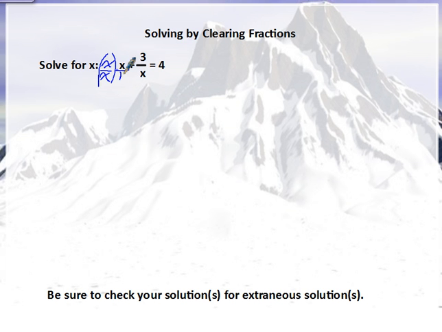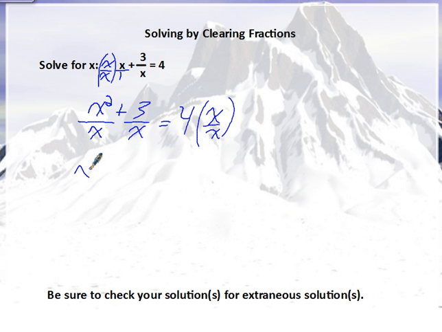What we're going to get now is x squared over x plus 3 over x equals 4. To make things even simpler, I can even multiply the 4 by x over x as well, so it has the common denominator.